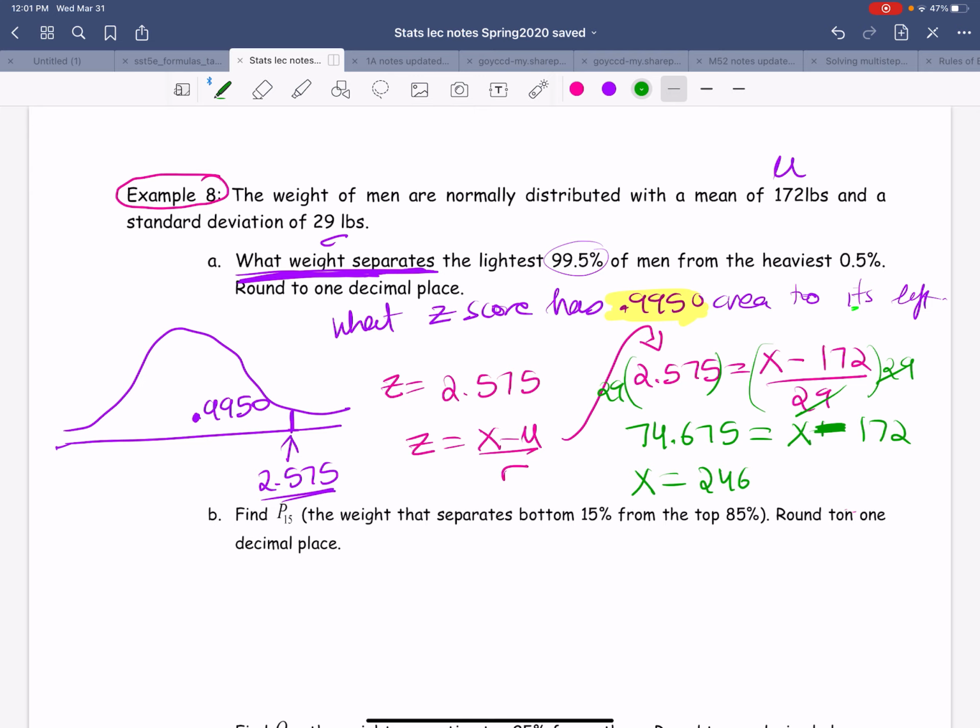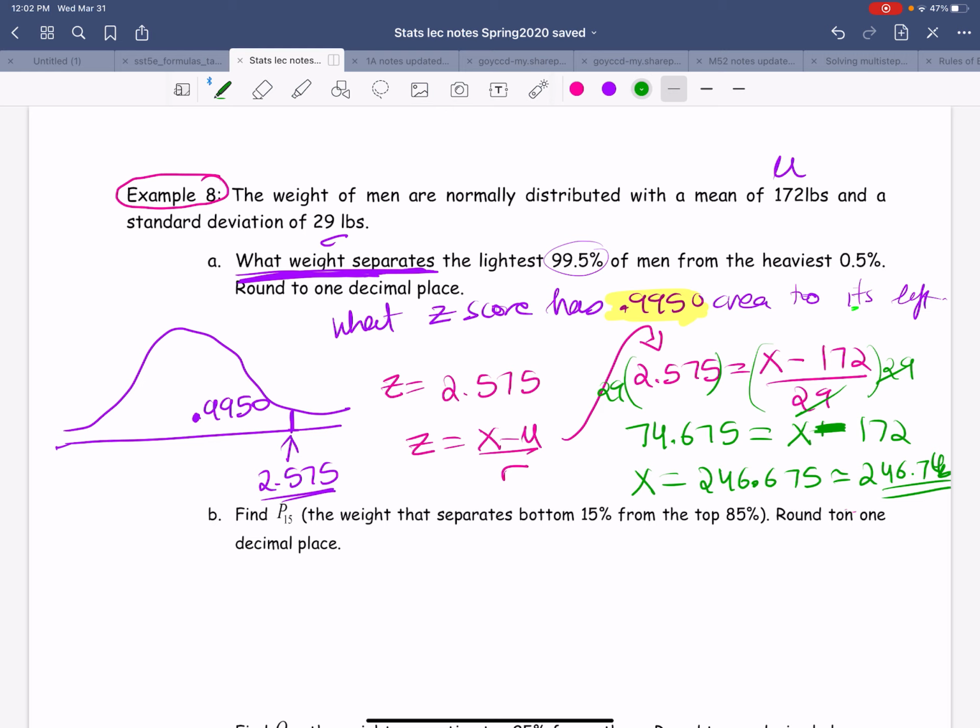Turns out to be 246.675. Yep, 246.675. Or we can say approximately 246.7 pounds. So approximately 246.7 pounds is the weight that will separate the heaviest 0.5% men from the lightest 99.5% men.